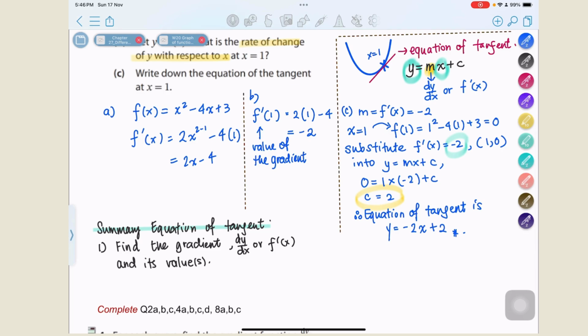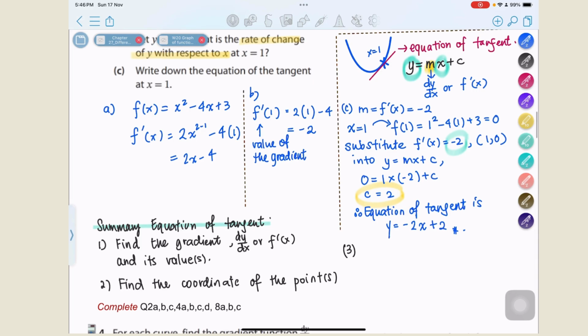Step number 2: we also need to find the coordinates of the point where the tangent exists.